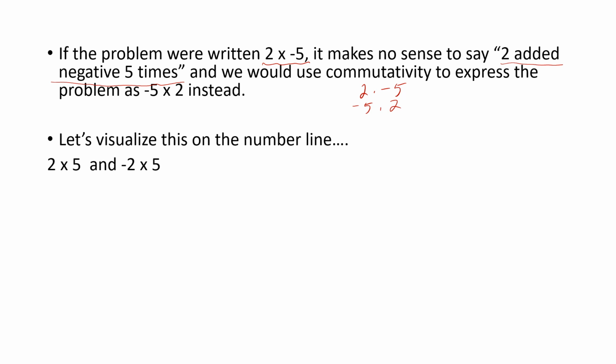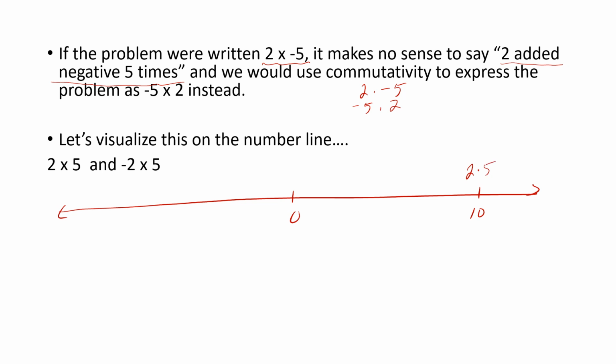So let's visualize this on the number line. Okay, so this is the first way we're going to look at this. If we picture the 0 being in the middle of the number line, 2 times 5 brings us over here to positive 10. But negative 2 times 5 brings us the same distance in the other direction, to negative 10.